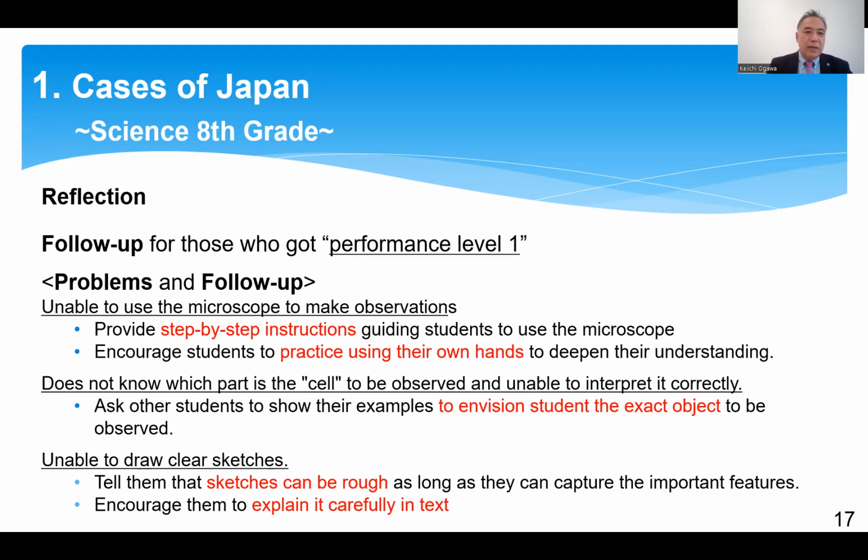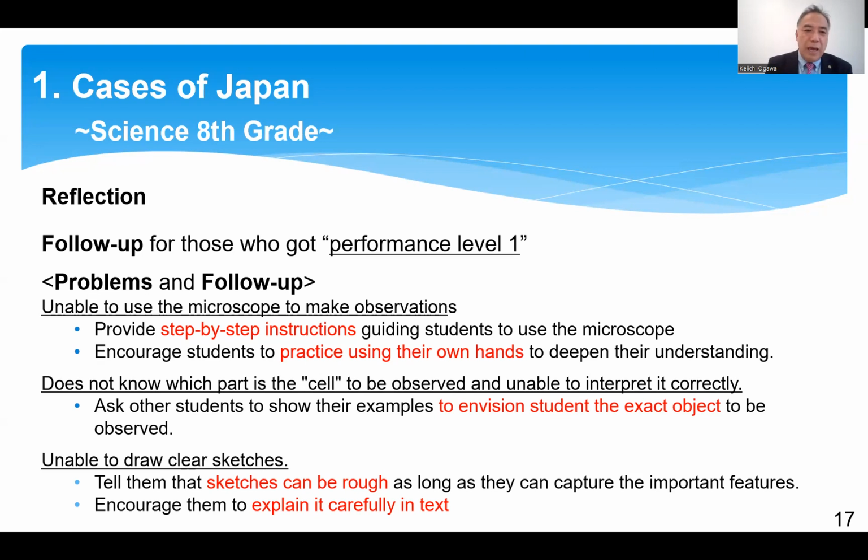The problem is that they do not understand which part of the cell is to be observed and are not able to interpret it correctly. So follow up: ask other students to show their examples to help students envision the exact object to be observed.